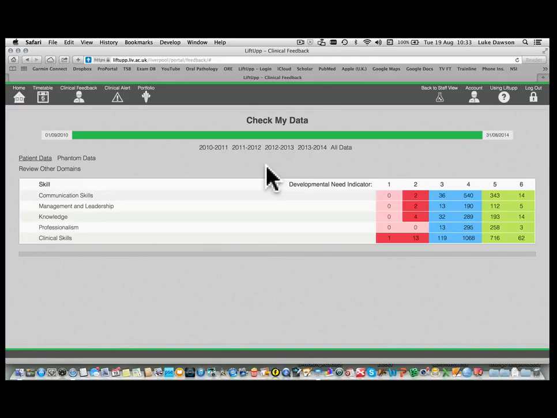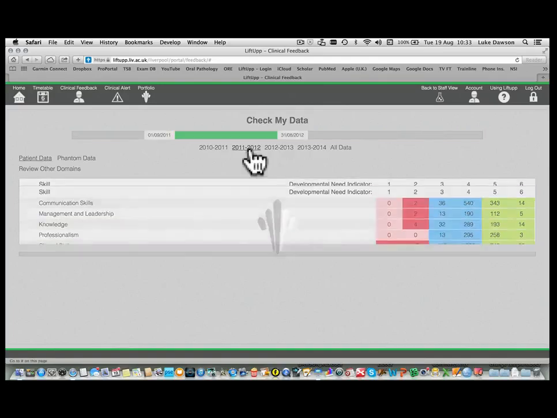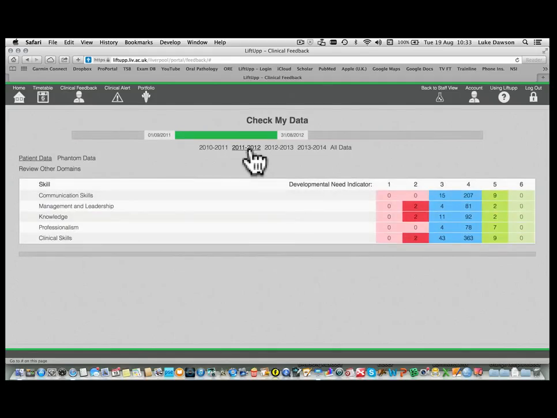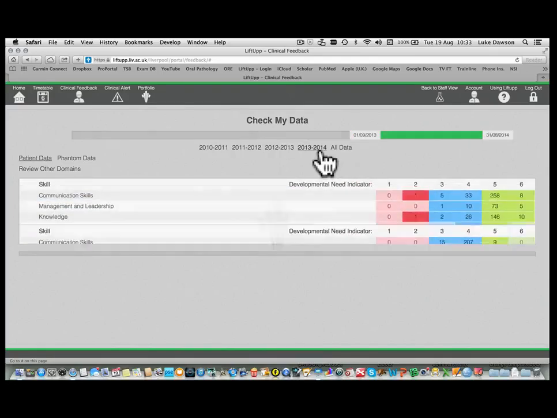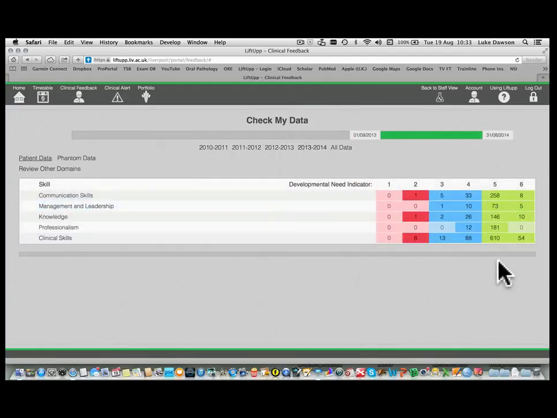What you can also do is get a rough idea of how you're developing. If we have a look when this individual was a third year, you can see that predominantly they were needing assistance, which is what I would expect, i.e. they're in the blue 3 to 4 region. When they were in the final year, there was a massive shift into independence, which is again what I would expect.